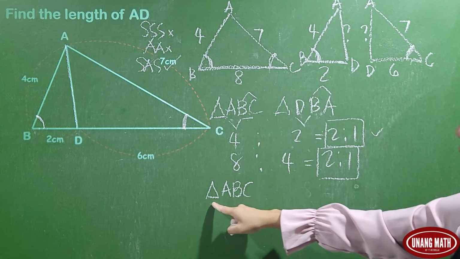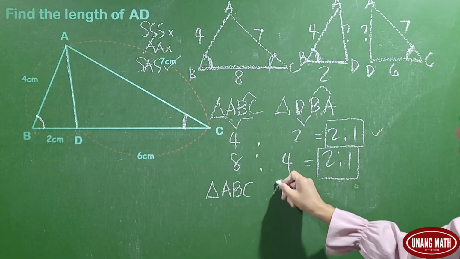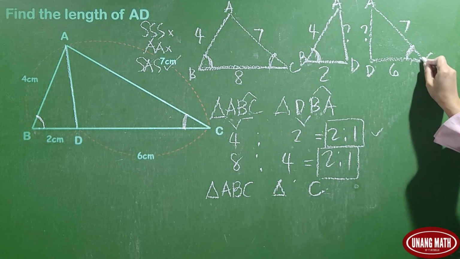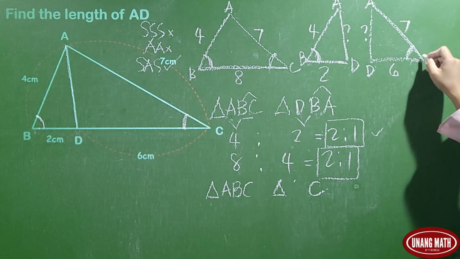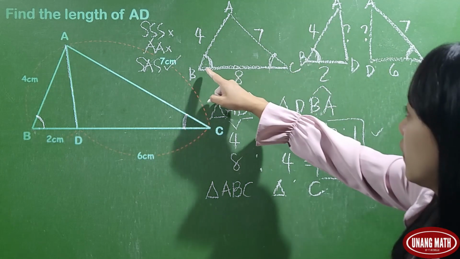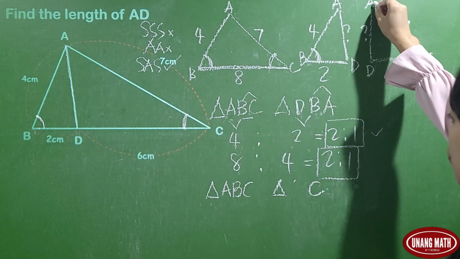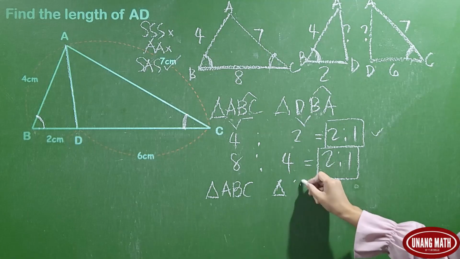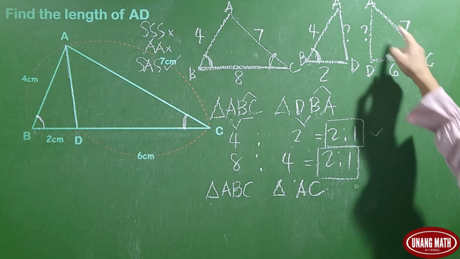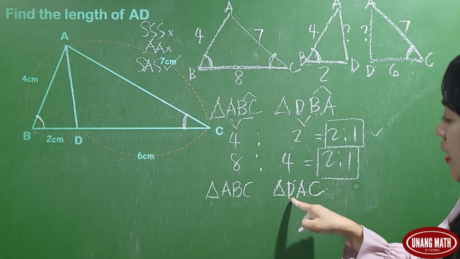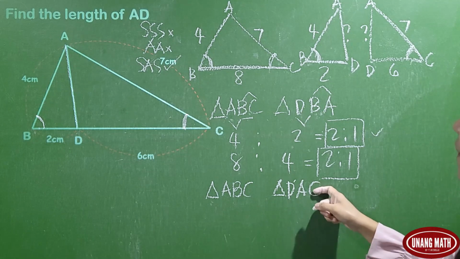So if this is triangle ABC, then this is now triangle. Okay, C is here. So here, this is longer. What about here? This part is longer. So B corresponds to A. So this is A. So this is now D. So triangle ABC and triangle DAC.